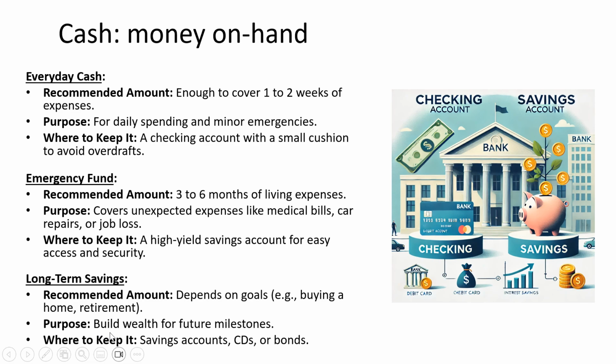And then you may want to have some additional cash on hand depending on where you're at in life. Sometimes as people get closer to retirement, they may want to have some of their money locked into a guaranteed rate of return or someplace that's not going to experience a lot of volatility. So they may want to put it in savings accounts or certificates of deposit or bonds.